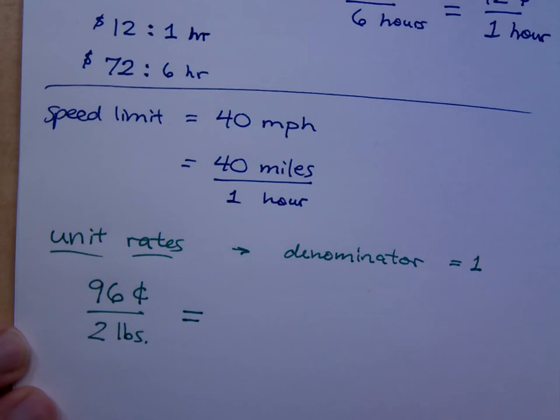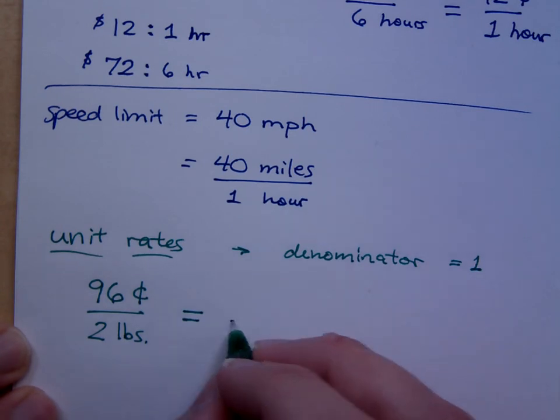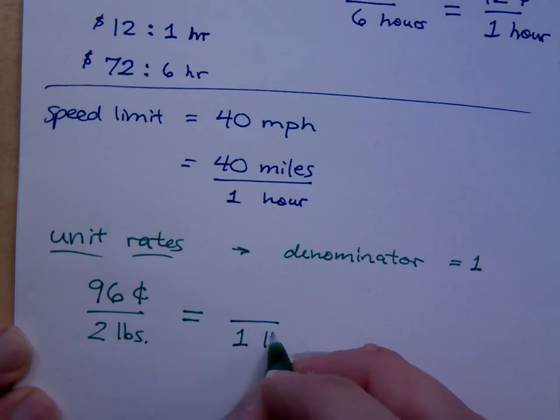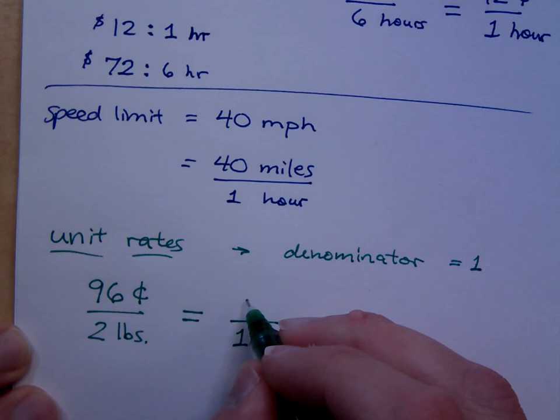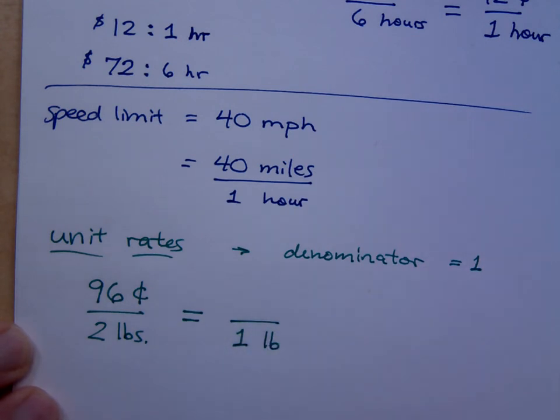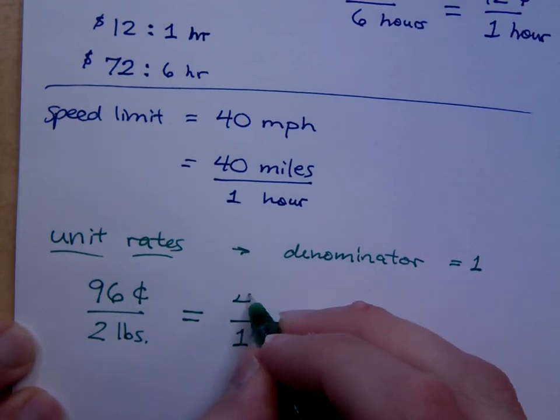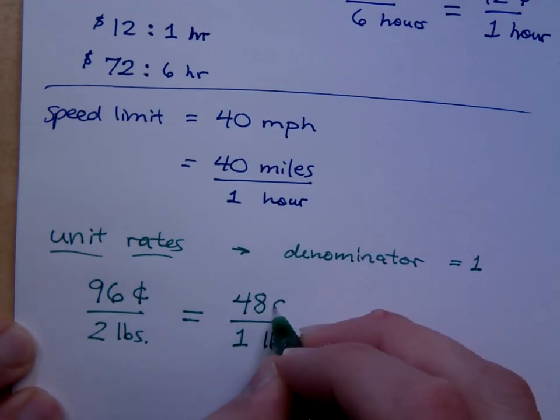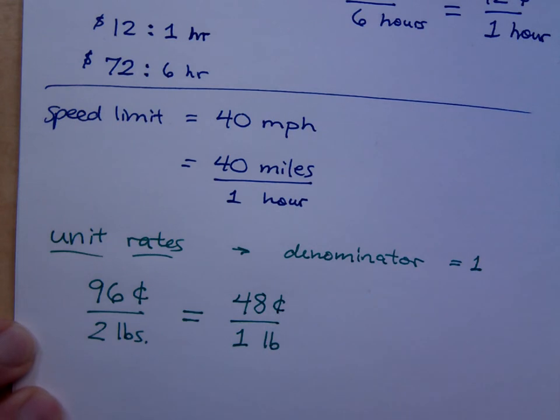They put the cost per 1 pound, right? And what's the cost per 1 pound? How do you reduce this? See, this is why they help us at the grocery store. It's 48 cents a pound, right?